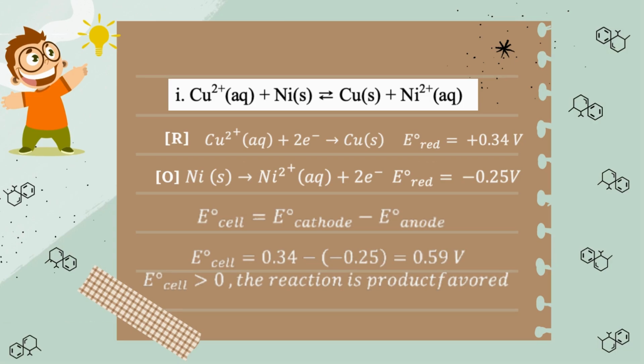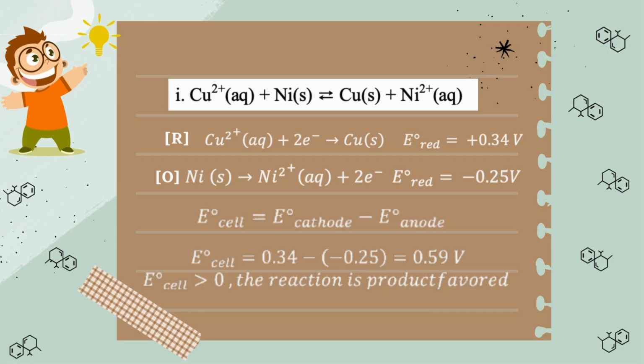So now let's break it down, first identifying the half reactions and their potentials. Cu2+ is reduced to Cu, and from the electrochemical series, the reduction potential for this half reaction is positive 0.34 volt.